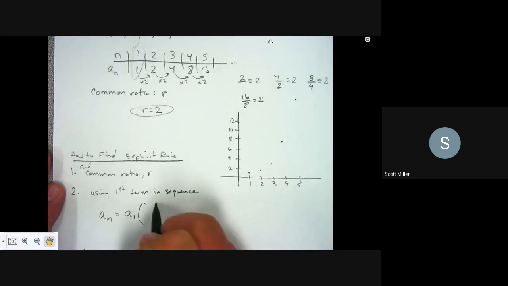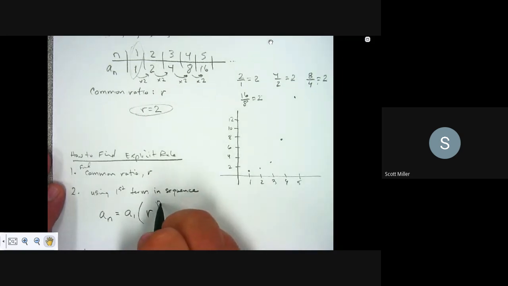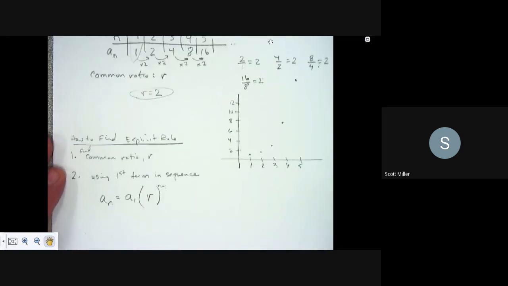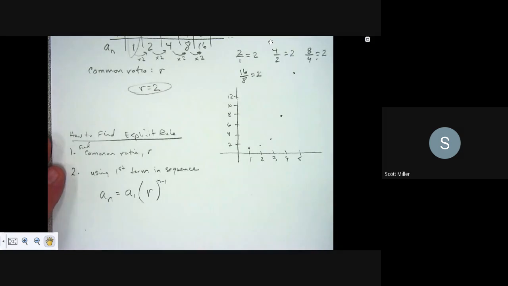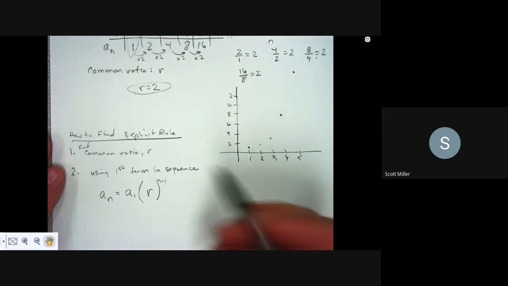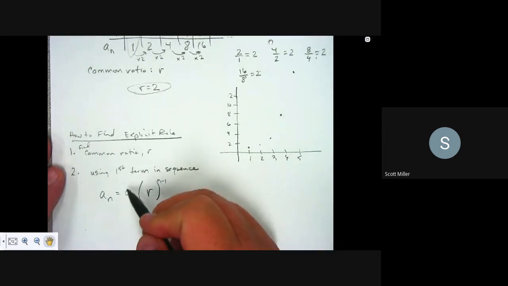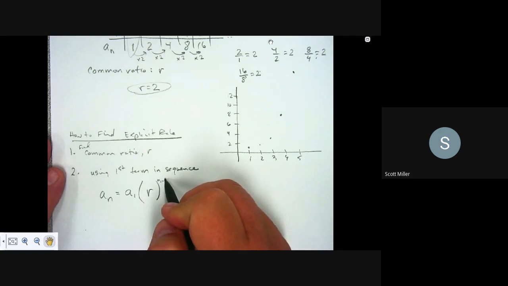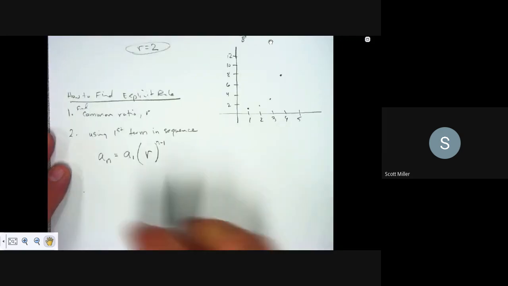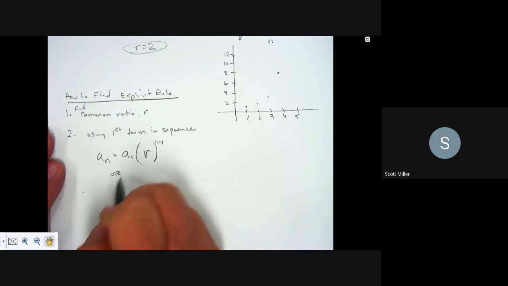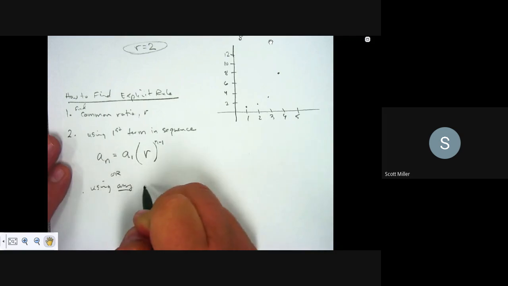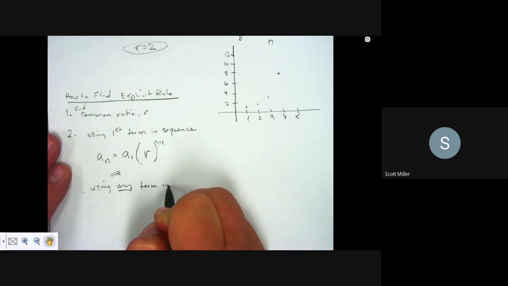And I'm going to times that by the common ratio. And then up here will be n minus 1. And you'll notice some similarities to the arithmetic sequence. I need the first term, and then there's always an n minus 1, meaning that this answer came from the first term. So once I understand that concept, then I can use any term in the sequence.